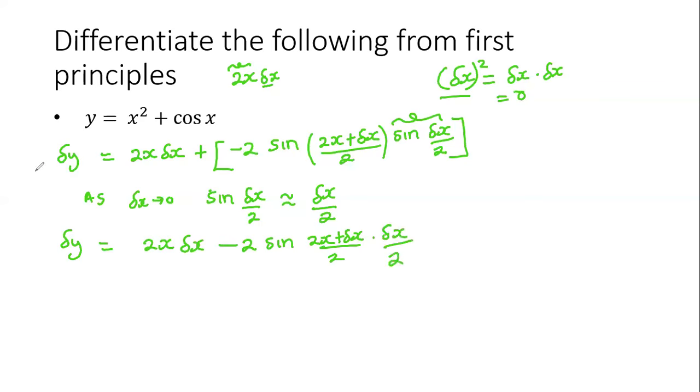What are you noticing? You are noticing very well that these 2 and these 2 can cancel. So we remain with delta y equals 2x delta x minus sine of 2x plus delta x out of 2 times delta x.